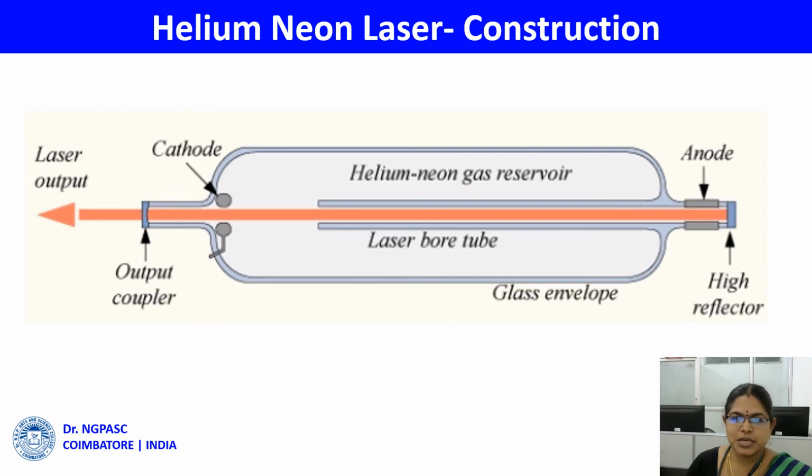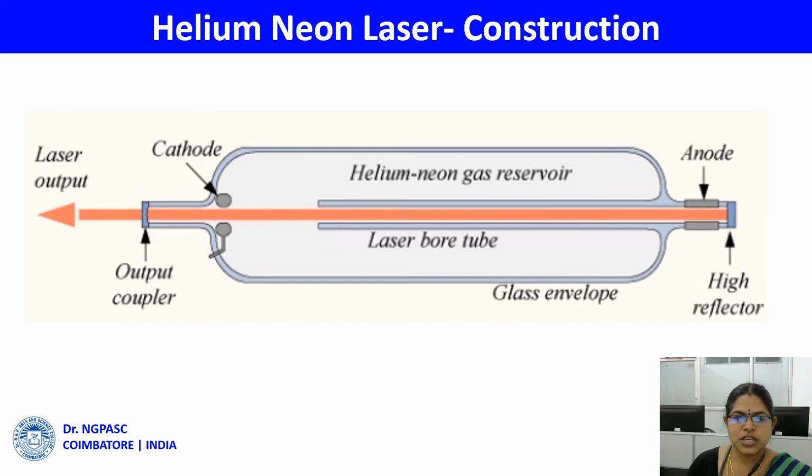This setup consists of a discharge tube of length 80 centimeter and diameter of 1.5 centimeter. The gain medium of the laser, as suggested by its name, is a mixture of helium and neon gases. The ratio of these gases ranges from 5:1, that is 5% of helium with 1% of neon, up to 20% of helium to 1% of neon.